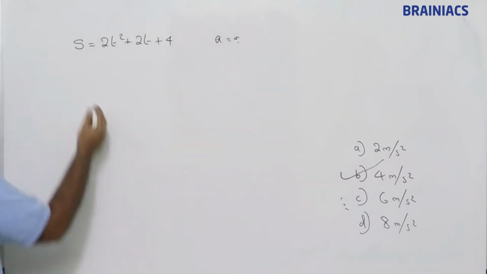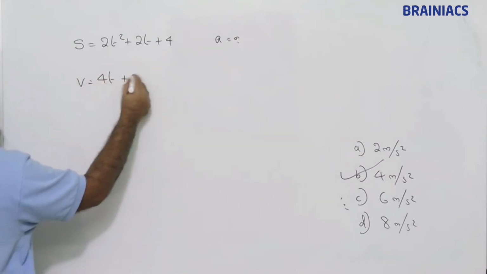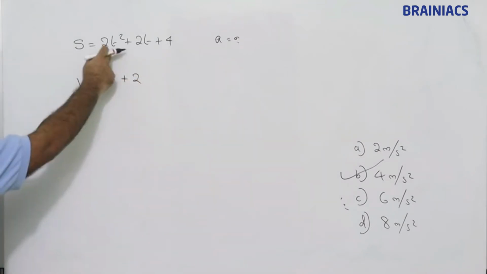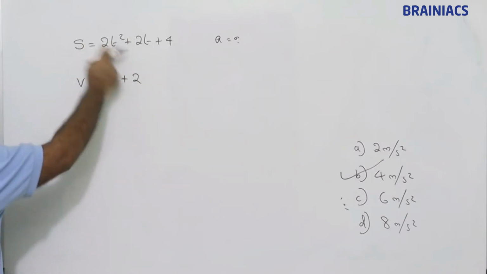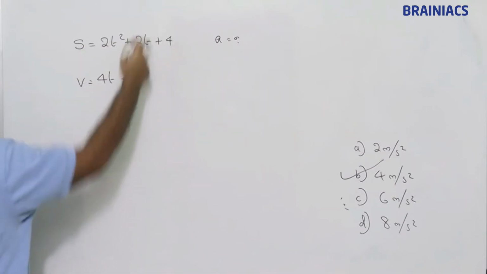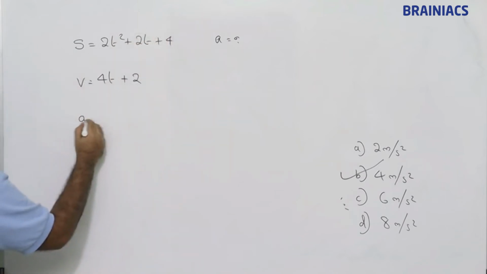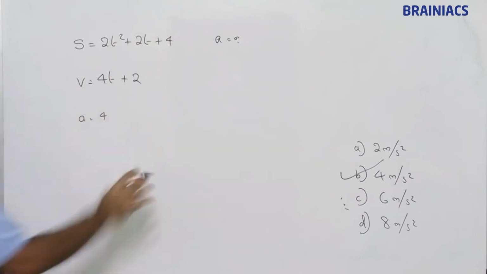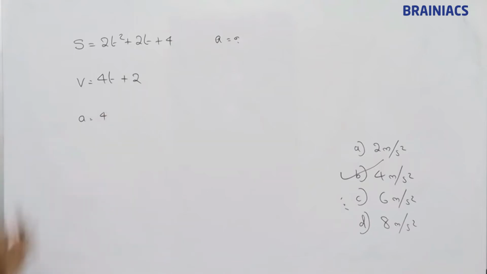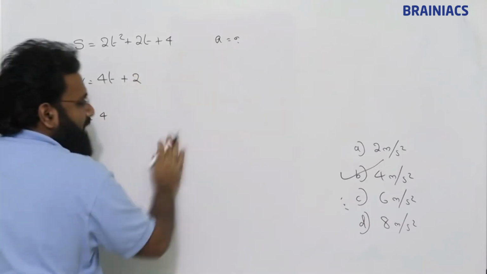So we need velocity, 4t plus 2. Differentiate it directly there. Bring the 2 here, 2 minus 1, t. This is t, so t will go there. This will be 0. So directly write like this. When you need to write acceleration, just write 4. You should do fast like this. Directly, don't write steps and all.